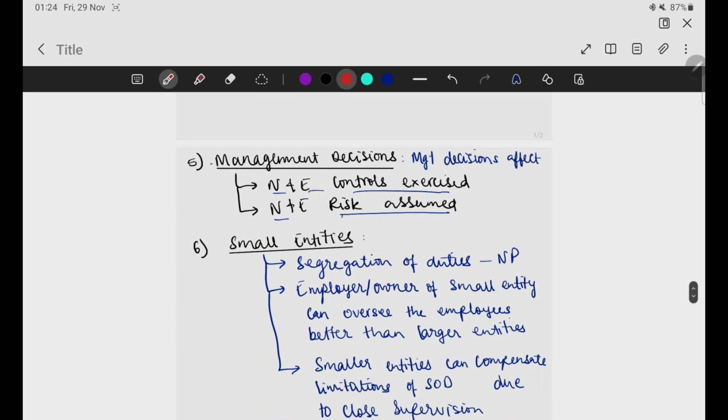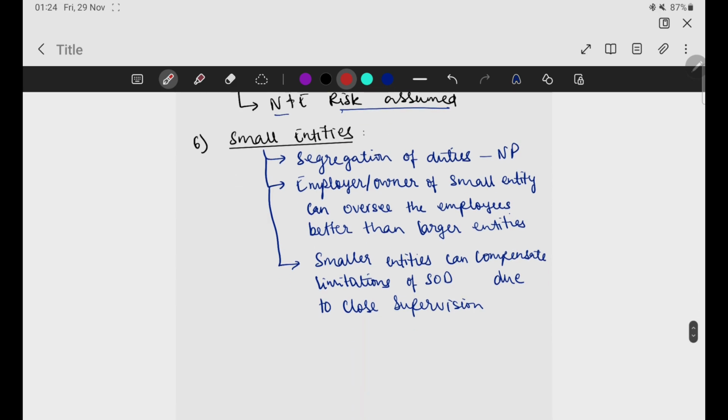Next, the fifth point is the management decisions, with regard to two points: nature and extent of the controls that are exercised, and nature and extent of the risk that are assumed. Last point is basically about smaller entities. Due to the lesser number of employees, segregation of duties is not practicable or not possible.